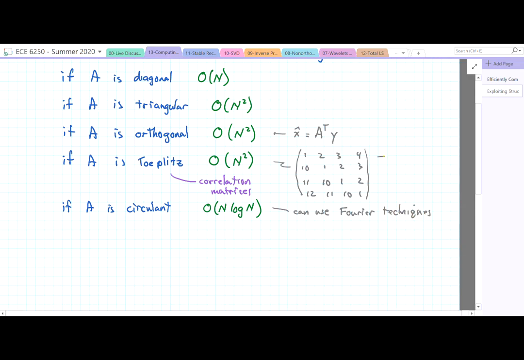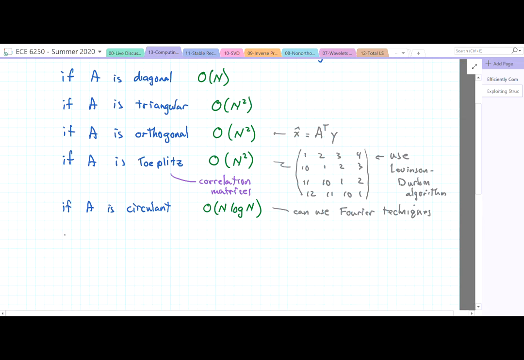And I guess for completeness we should mention for the Toeplitz matrix you use the Durbin algorithm.